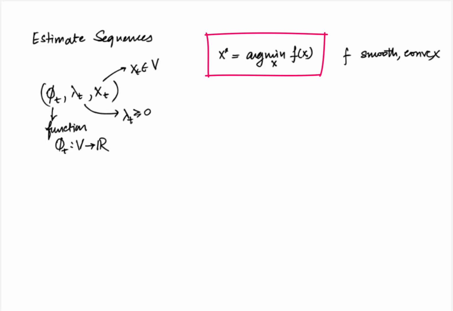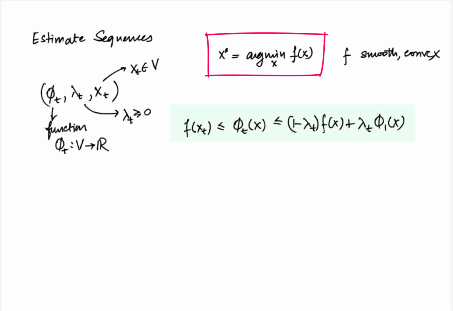This sequence is referred to as an estimate sequence for the function f if it satisfies f of xt less than equal to phi t of x, which is less than equal to 1 minus lambda t f of x plus lambda t times phi 1 of x.